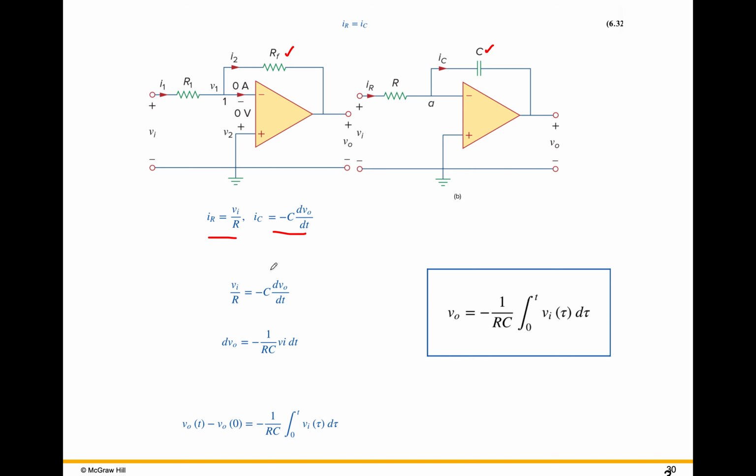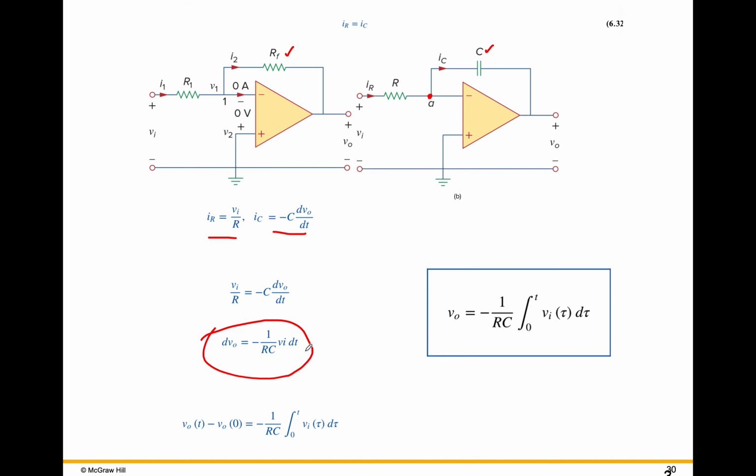We can combine these two by setting them equal, since if we wrote a KCL right here, they would be equal. So VI over R is minus C dV dt, and if we do a little rearranging, we get an expression that puts the derivative of the voltage equal to minus 1 over RC times VI dt.